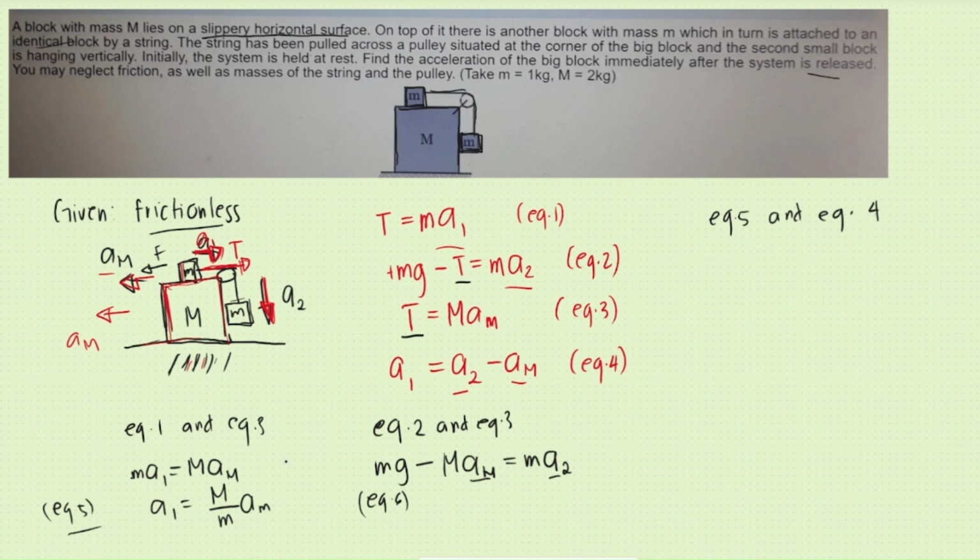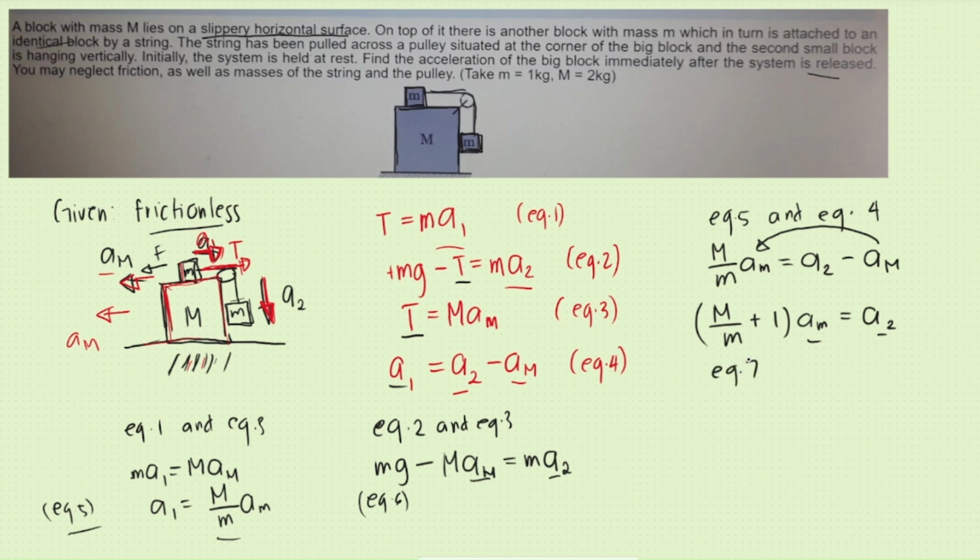Okay? We'll plug in A1 here. This is A1, so that's M over small m, A_M is equal to A2 minus A_M. So this is just M over m plus 1, because we can move this to the left hand side of the equation. And we will have an equation containing A_M and A2, which is what we want, the A_M and A2 to remain like equation 6. So we have equation 7.